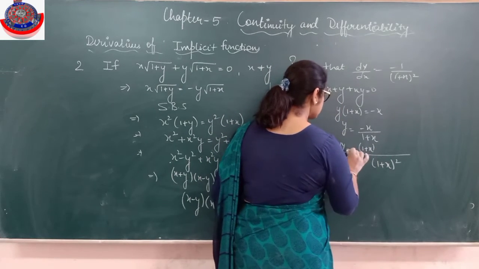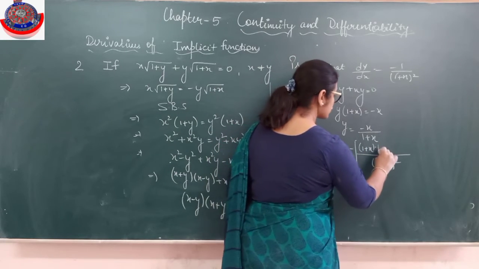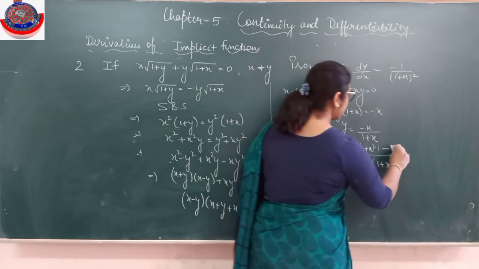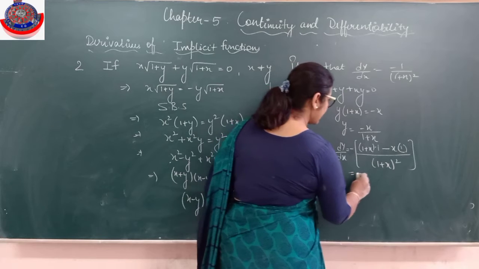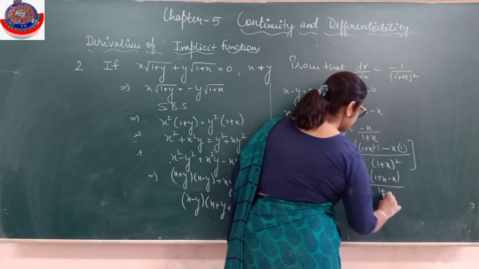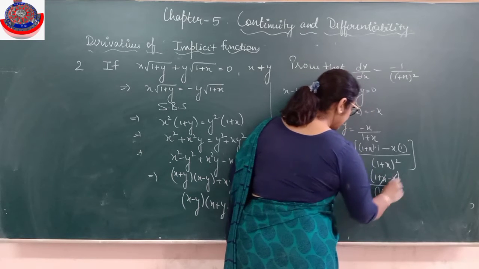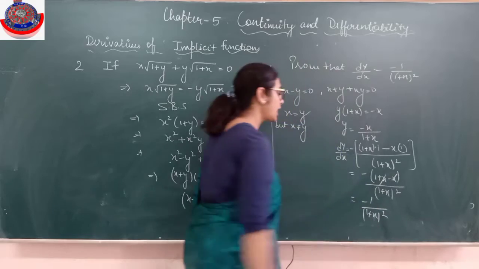I can keep this minus outside. V as it is, differentiation of u, differentiation of x will be 1, minus x as it is, differentiation of v will be 1. So I have 1 plus x minus x upon 1 plus x whole square, minus this cancelled, minus 1 upon 1 plus x.